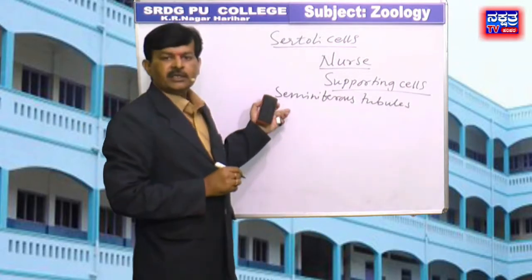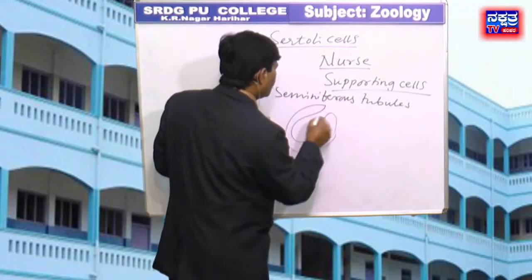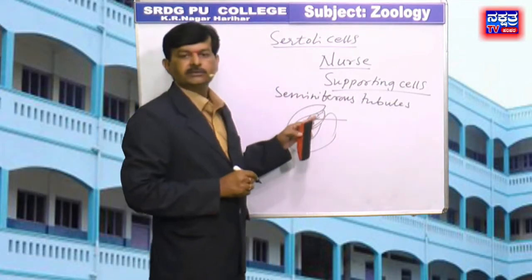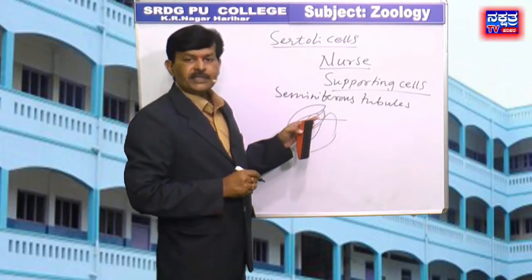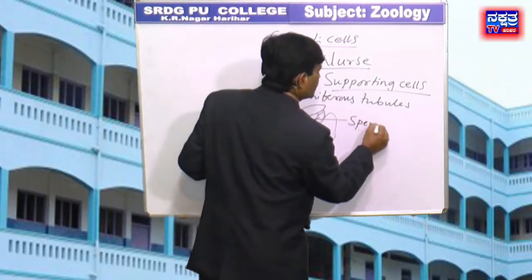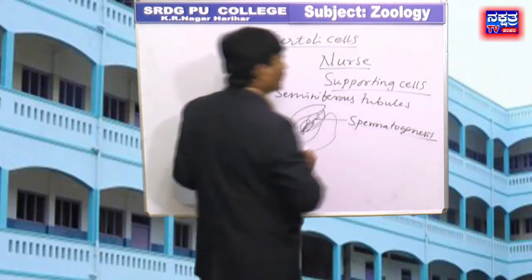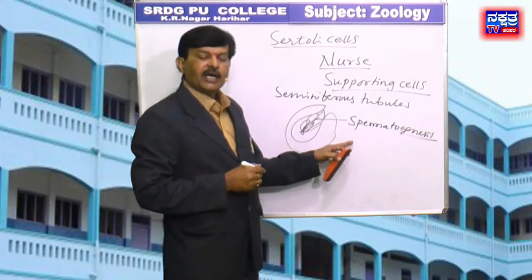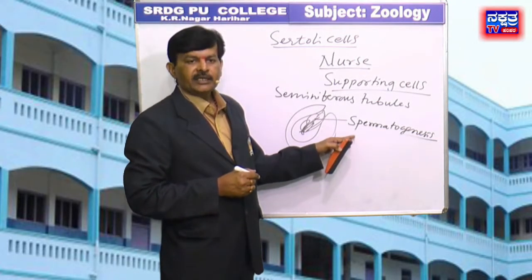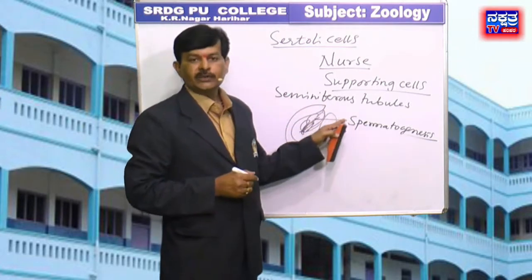Seminiferous tubules are located in the testicular lobule. It helps in the process of spermatogenesis. Spermatogenesis means the process of formation of haploid sperm from the diploid sperm mother cell takes place within the seminiferous tubules.